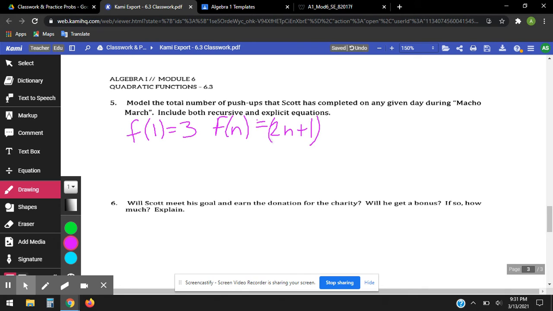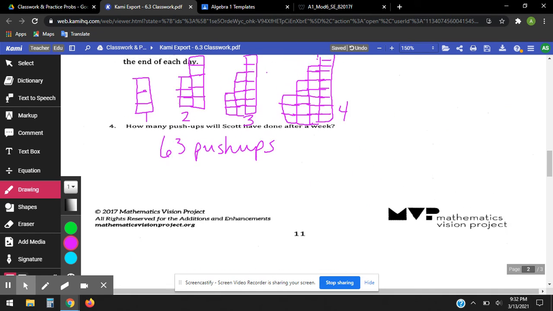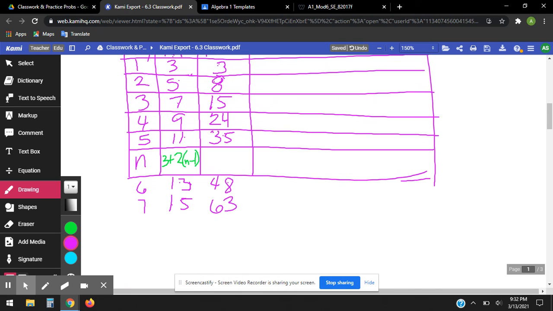But then we're going to add that to his previous f of n minus 1. Because whatever he did the first time, 3, we've got to add to it that term numbers, that linear pattern. He starts with 3, but we have to add that each time.